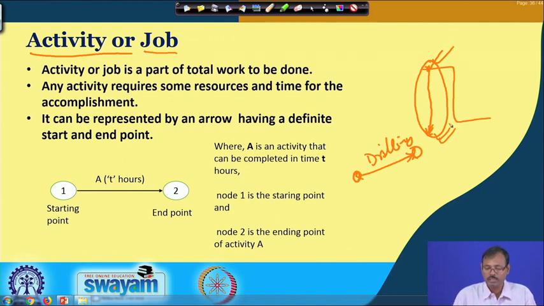You can consider this may be starting time x, this may be starting time x plus t. Suppose you are considering a person, as we have given the example in the last class, a person is moving from Ghaziabad to Delhi.